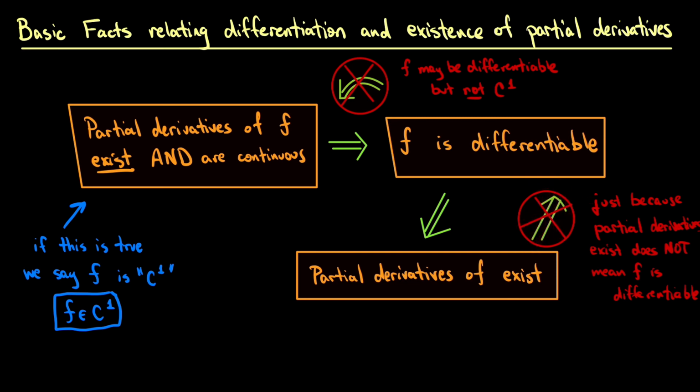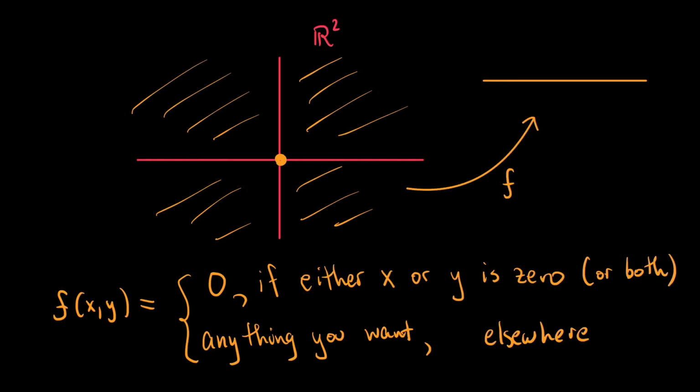Okay, now you'll see that the partial derivatives of that crazy function that I just made actually exist. So where do they exist? Well, they exist at the origin, and they exist at every point inside, because every point inside one of these quarter spaces is going to have derivative 0. Okay, but the partial derivatives don't exist on the coordinate axis away from the origin, because at this point the derivative in the x direction won't exist, and at this point the derivative in the y direction won't exist.